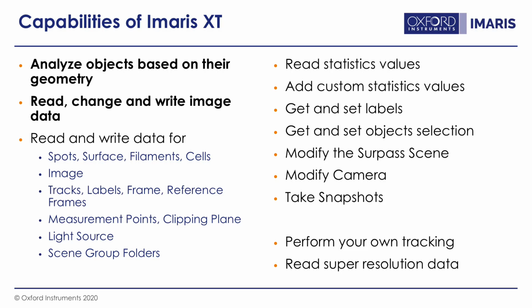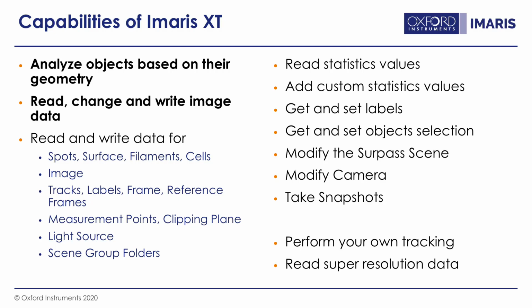So if you have a bunch of spots, you can somehow calculate which spots are interesting and then select them or duplicate them to another spots component and things like that. Then there's also some modifications of the camera. You can take snapshots.